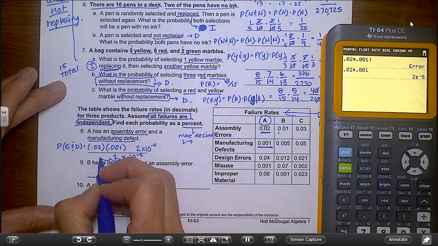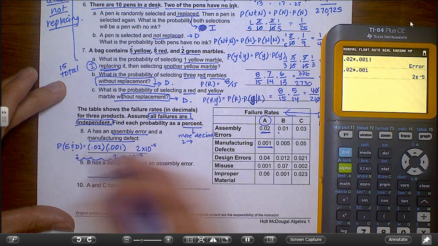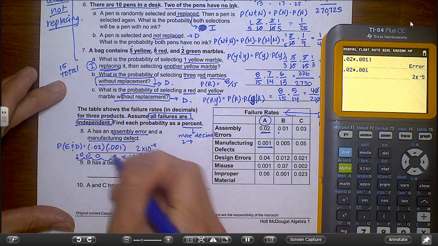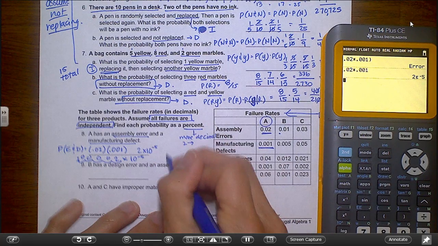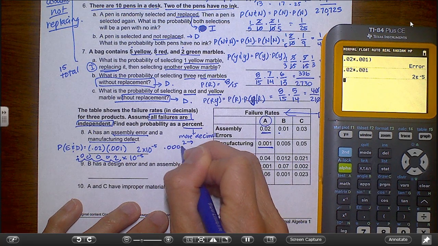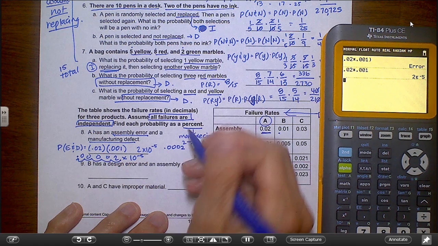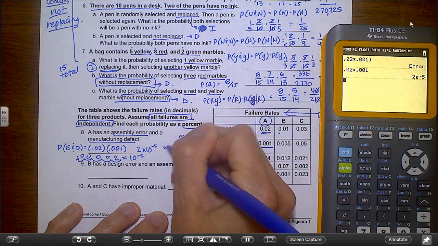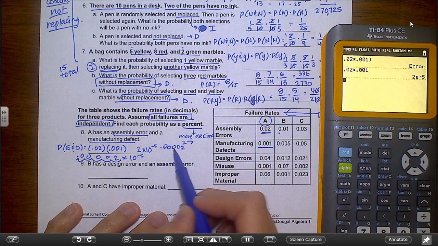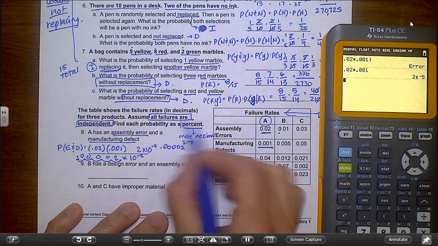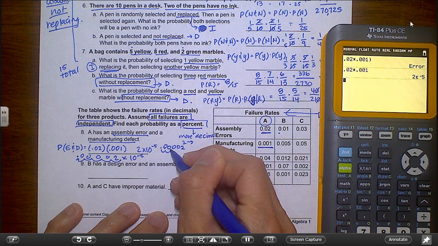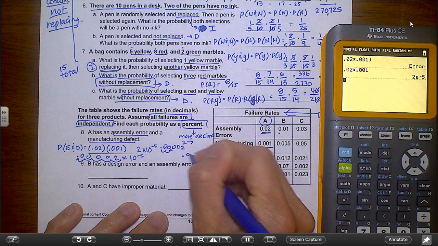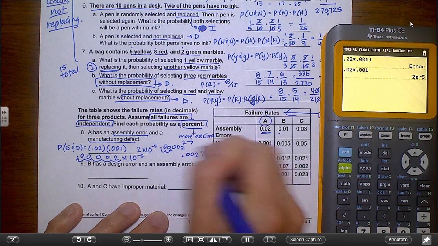So 1, 2, 3, 4, 5. Put a decimal. I fill in all of this with zeros. So it's 0.00002. But I need it as a percent. So I have to move it over 2. So this will be 0.002%.